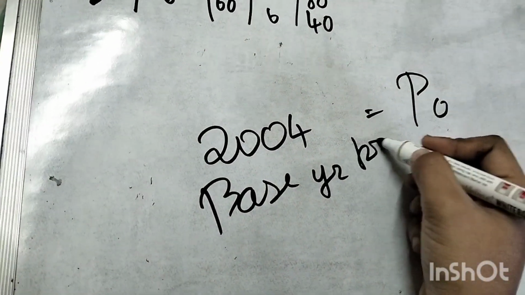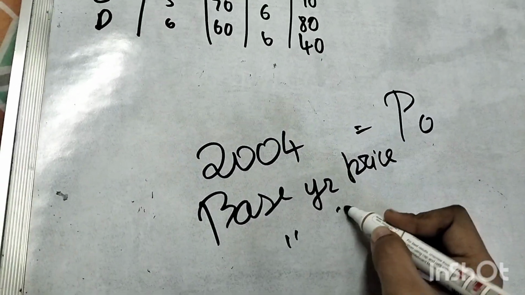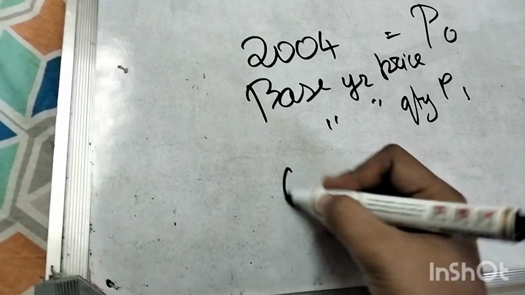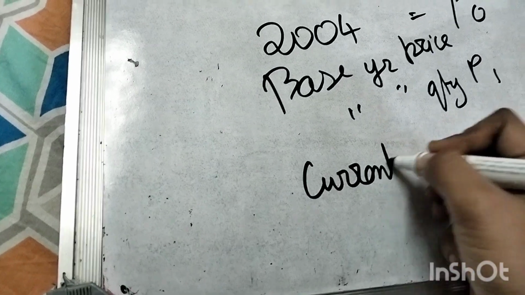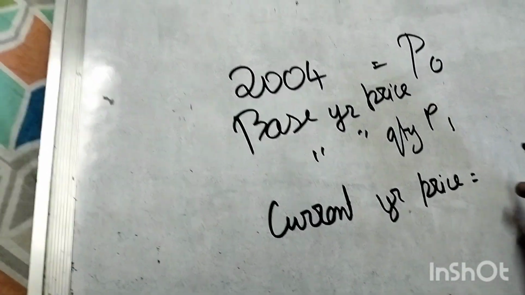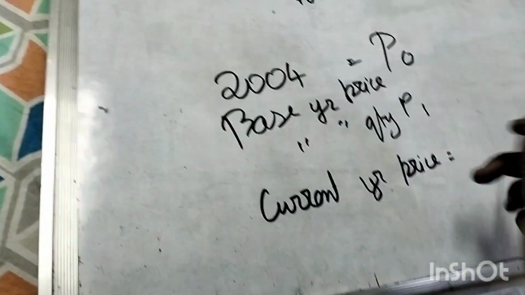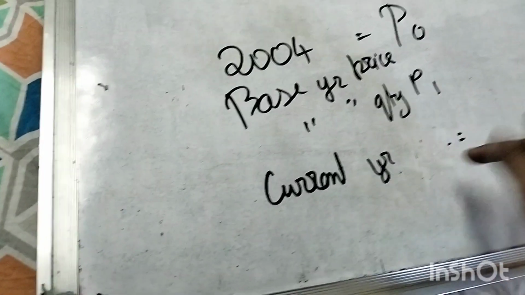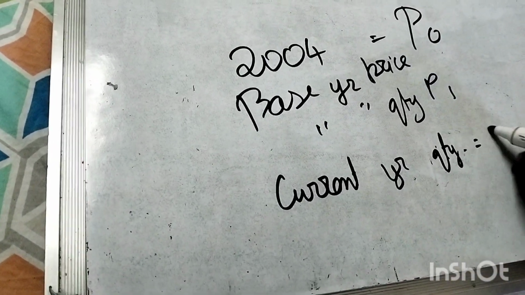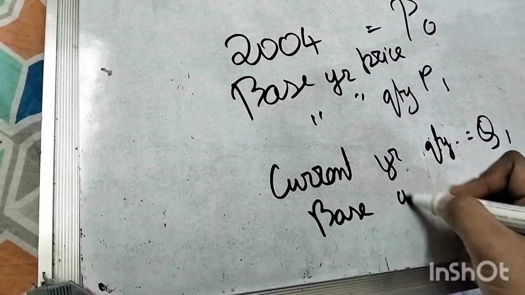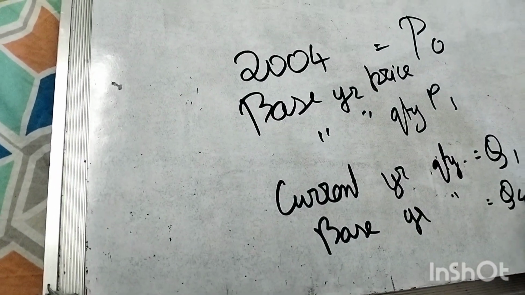So base year price is P0, current year price is P1. Base year quantity is going to be Q0, and current year quantity is going to be Q1.